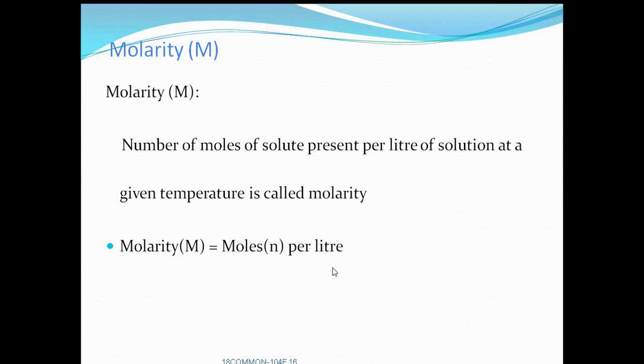So capital M equals moles per liter, that is small n per liters. Liter means volume. Now we are taking volume in milliliters, so we get the formula capital M equals n by V in liters.